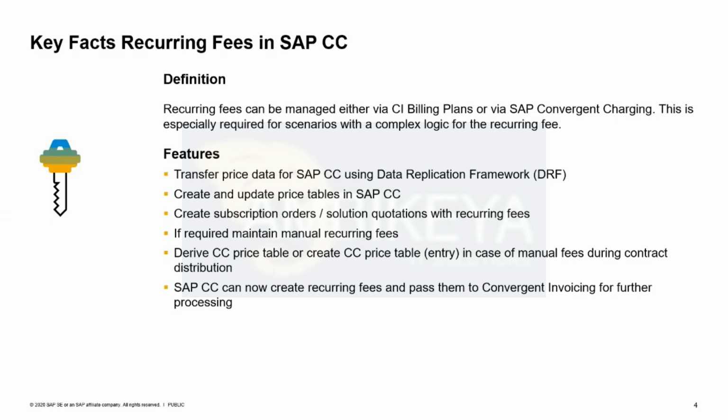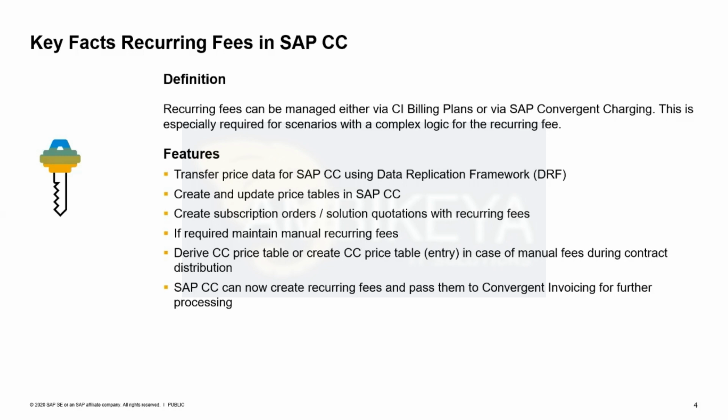Here the recurring fee is charged, discounted or calculated differently based on usage data, and this scenario cannot be handled with CI bill plans. So we reintroduced handling of recurring fees from convergent charging.